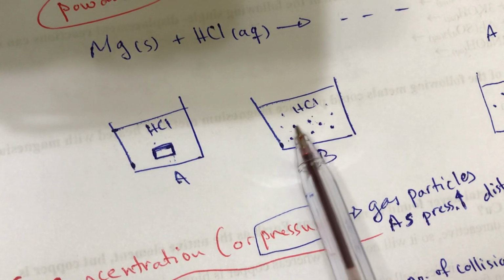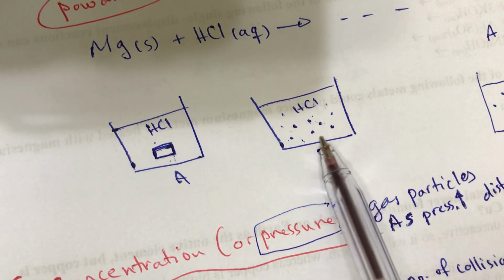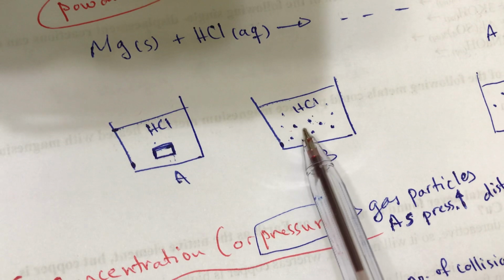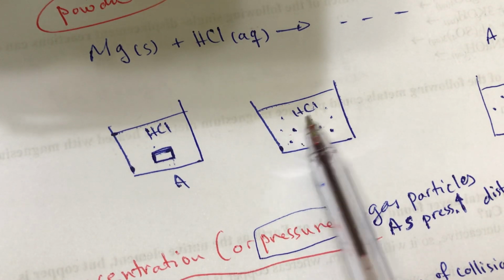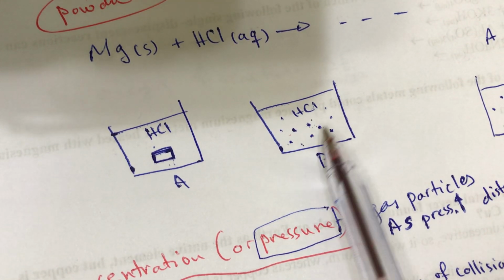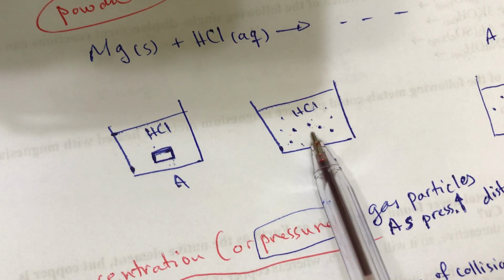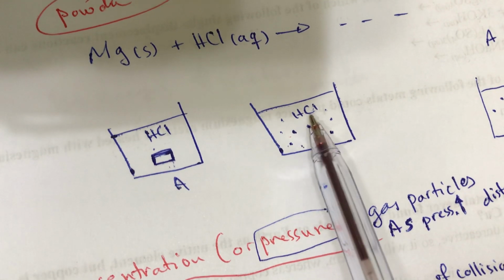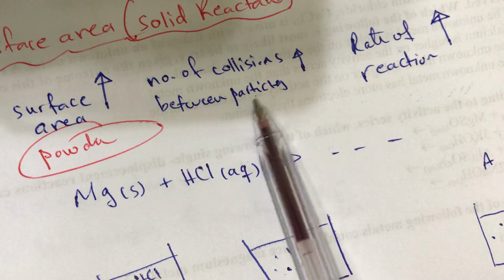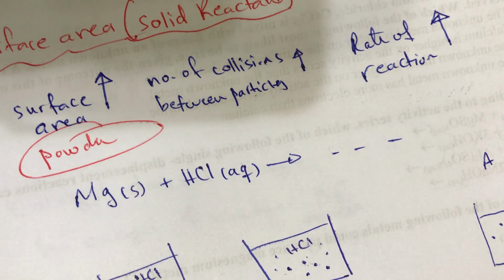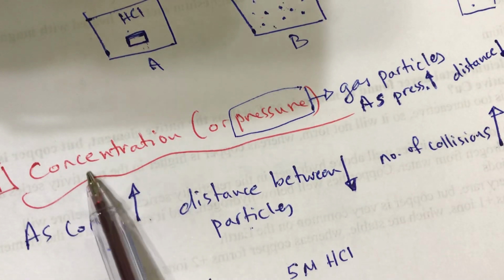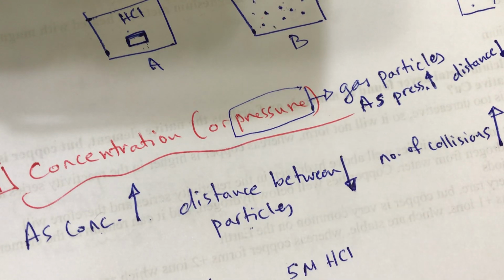So here, the number of magnesium particles in contact with hydrochloric acid increases. So the number of collisions between magnesium and hydrochloric acid increases. So as the number of collisions increases, the rate of reaction increases. Then concentration or pressure for gas particles.